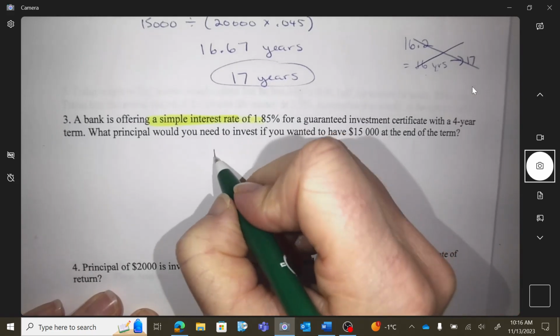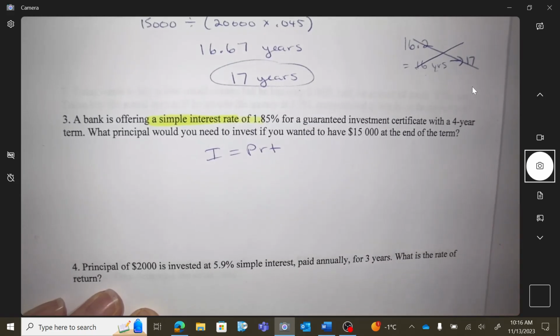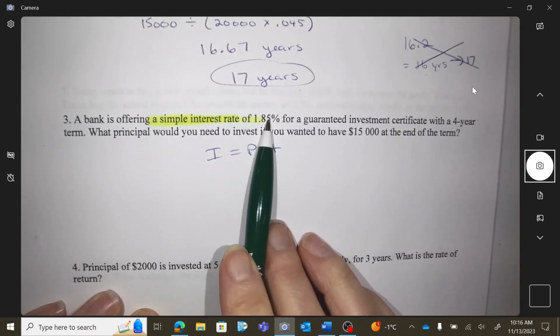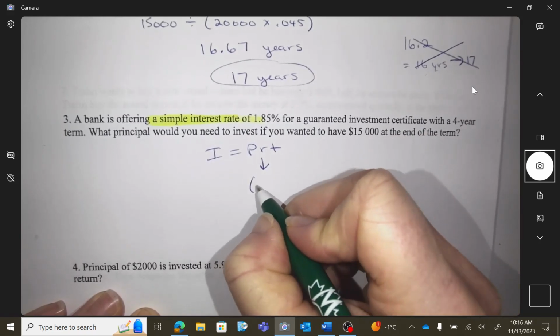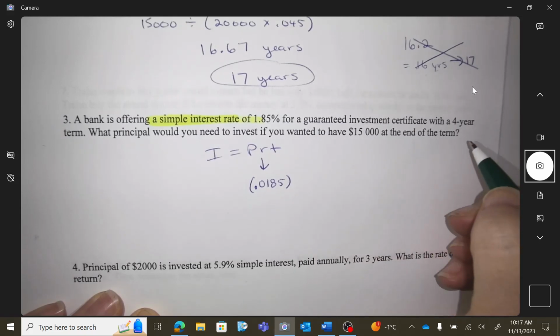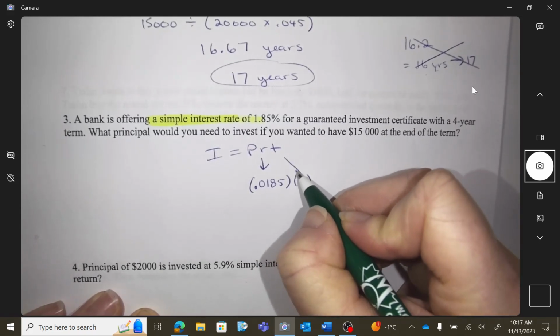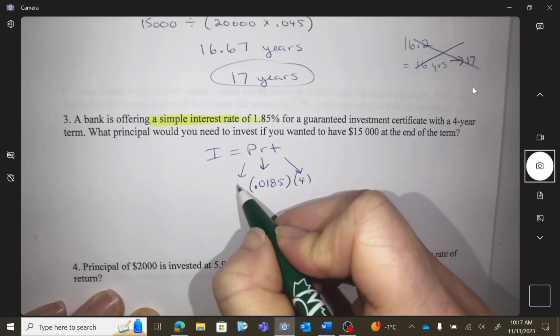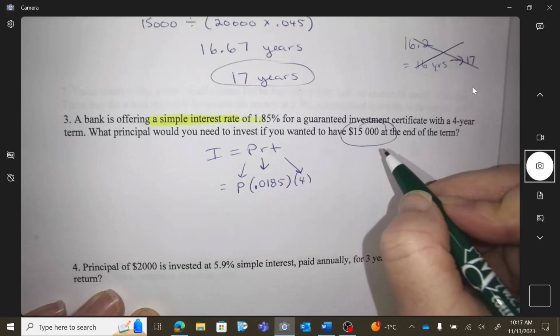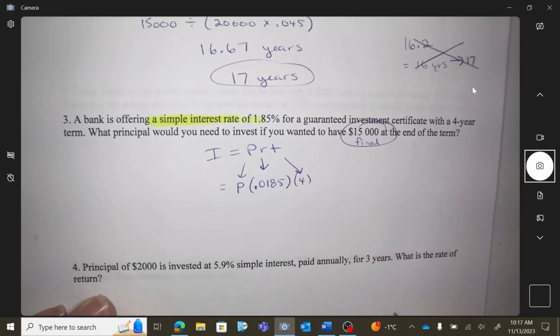Simple. So I equals PRT. Offering a rate of that. So a decimal. Okay, so this is what I got so far.